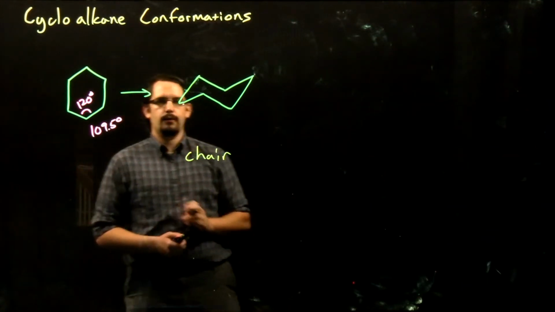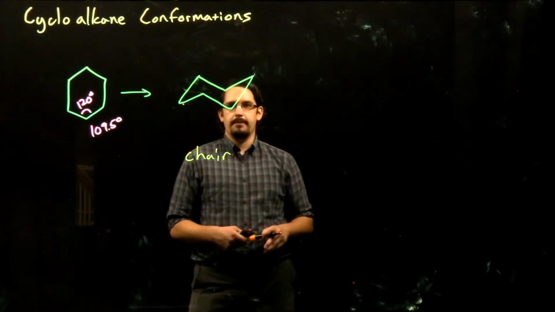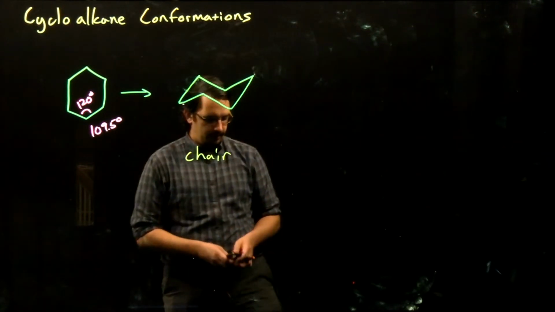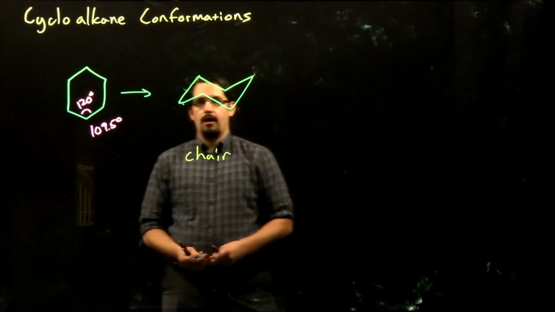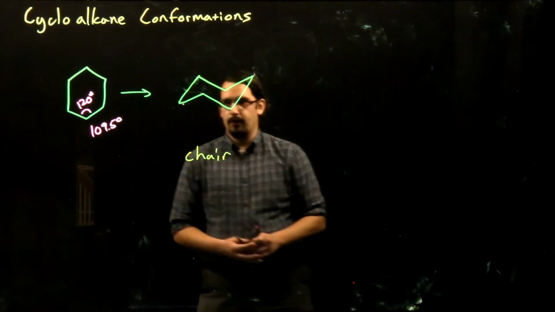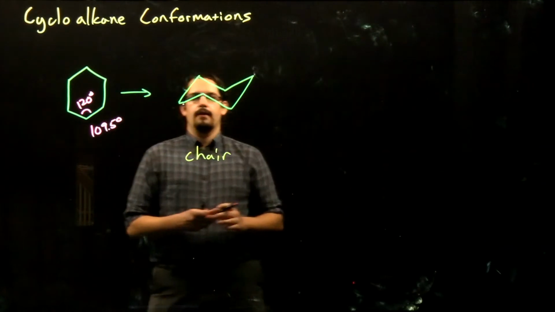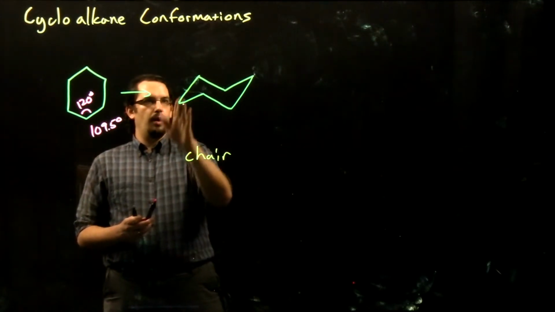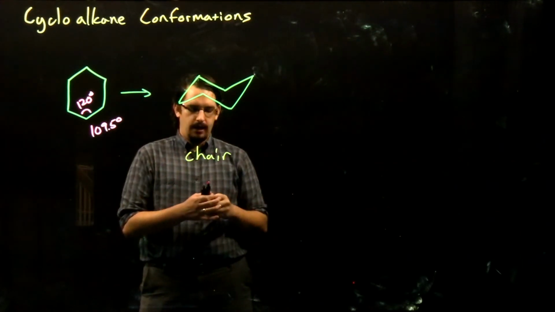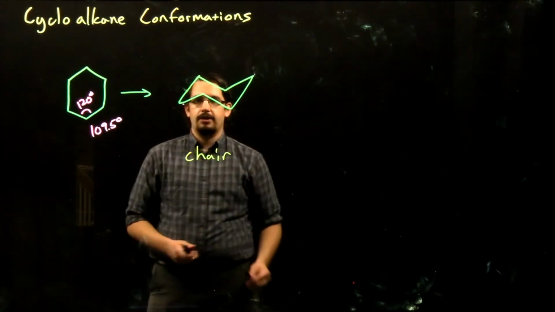Okay, so now we're going to take a closer look at my chair conformation. The first thing I want to do here is try to fill in my hydrogens around my cycloalkane chair. So we'll start out over here. These bonds are kind of going one to the back, one to the front. You need to imagine this ring in a 3D shape.